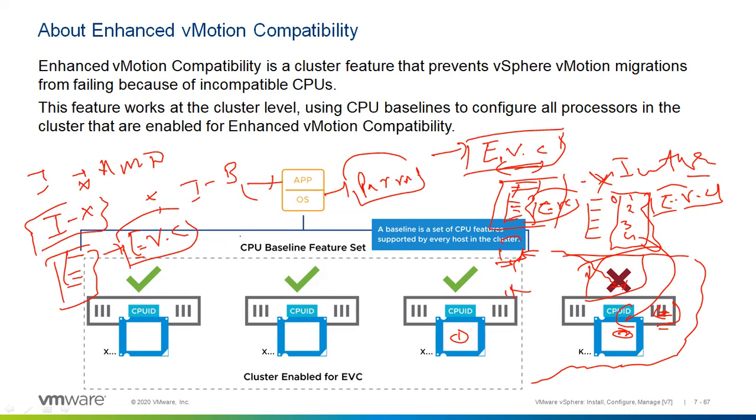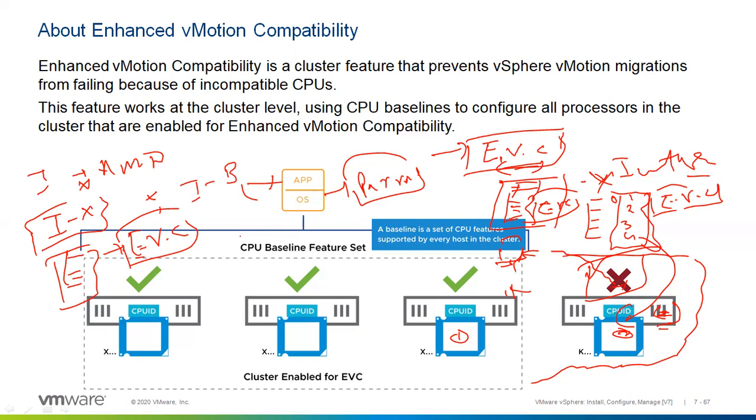But we only need to enable EVC as and when required. If all my CPU IDs are already matching, then I don't need to enable EVC. Okay? And if we only want to enable it for a particular VM basis, then we can enable it at the VM level instead of for the entire cluster.